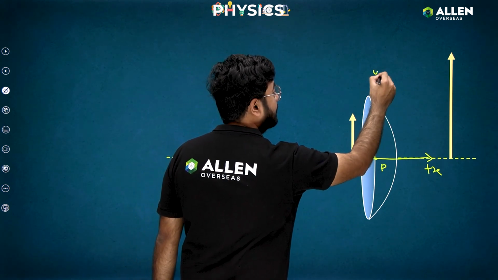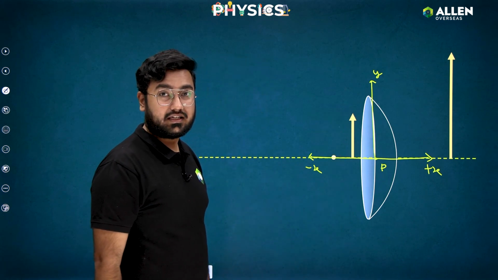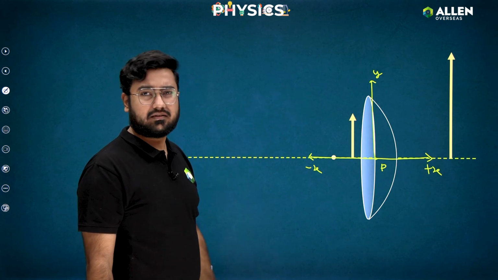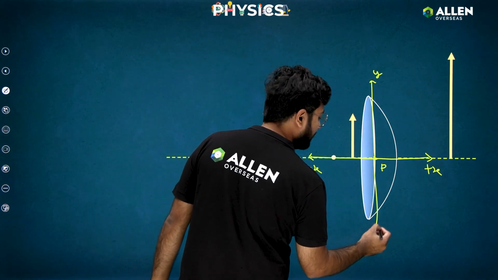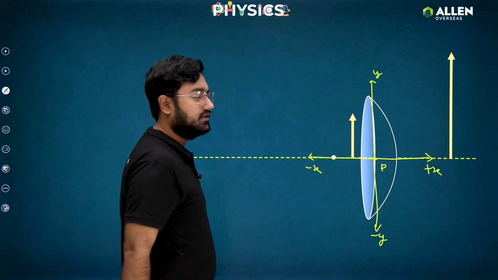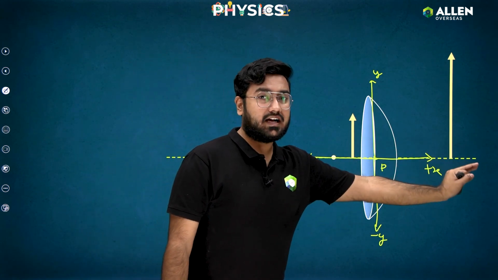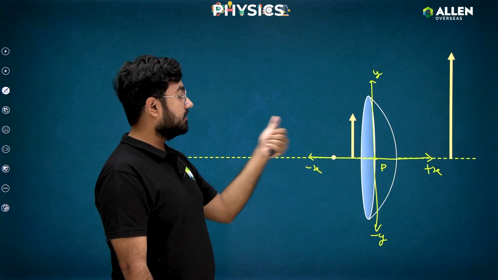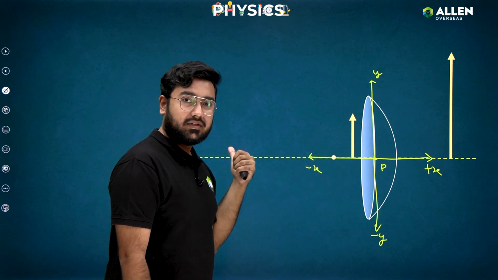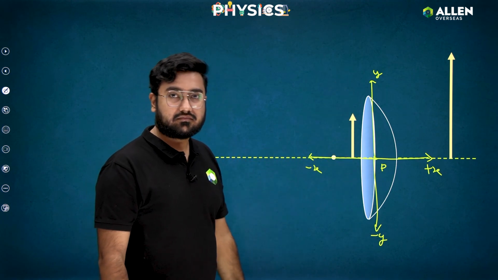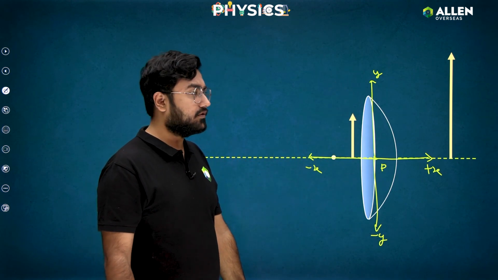The upward direction, where the object is generally present, is positive y, and downwards is negative y. So all quantities on the left-hand side are taken as negative, upwards positive, downwards negative. That is the general sign convention that we follow.